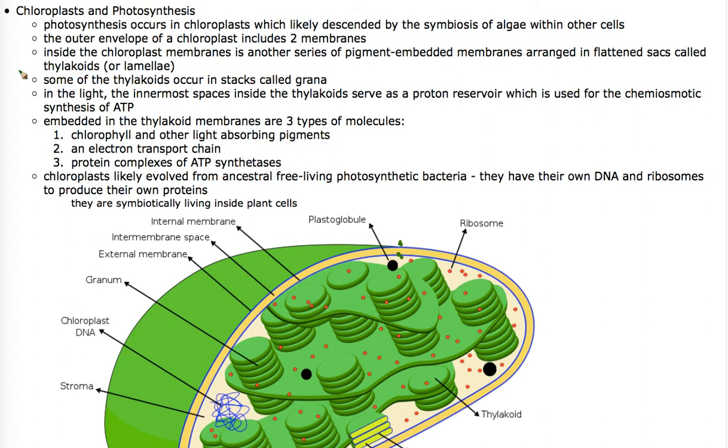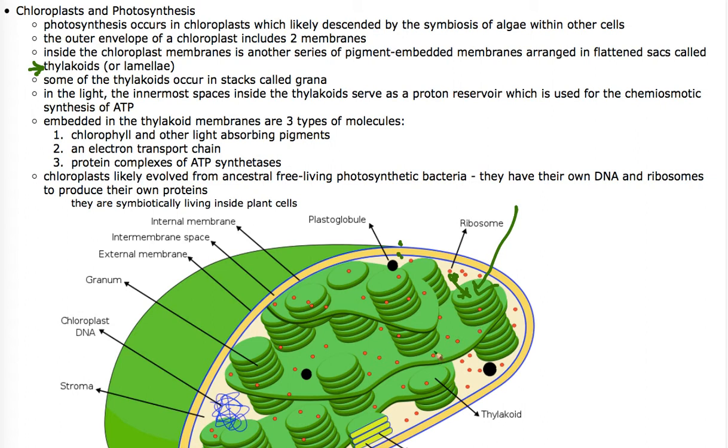The membranes are arranged in discs called thylakoids. The thylakoids are usually in stacks. A stack of thylakoids is called a grana, or the stacks are called grana. An individual stack is called a granum. Basically, in the light, so when sunlight is striking these little discs, protons from here, that's called the stroma, the fluid inside the chloroplast, outside the thylakoids, are pumped into the interior of these little discs.